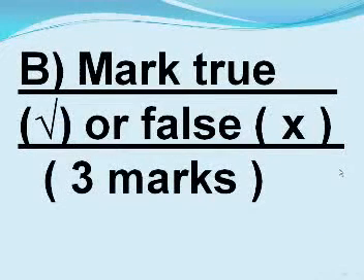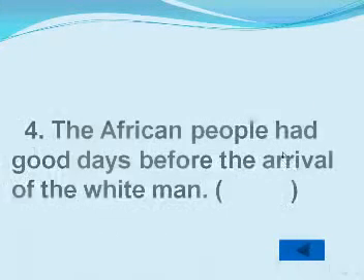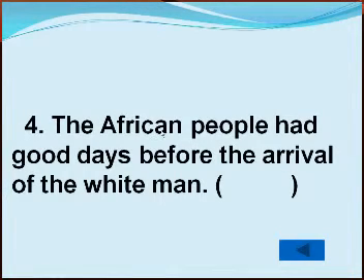Then we'll have another type of question, which is mark true or false. We have 3 sentences. You'll have to mark true or false. A sentence like this, saying that the African people had good days before the arrival of the white man.